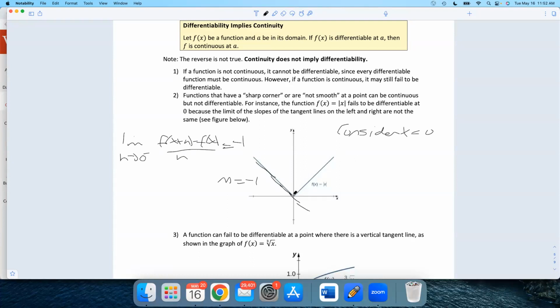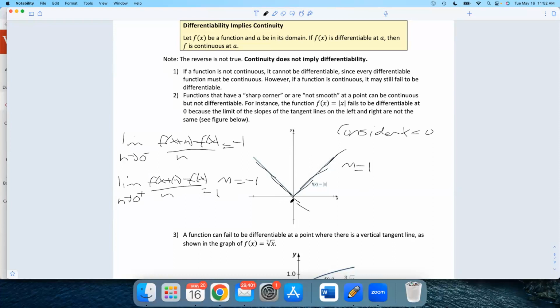But on this side over here, all of these guys have slope +1. So if I were to actually calculate the limit as h approaches 0 from the right of f of x plus h minus f of x over h, I would get +1.